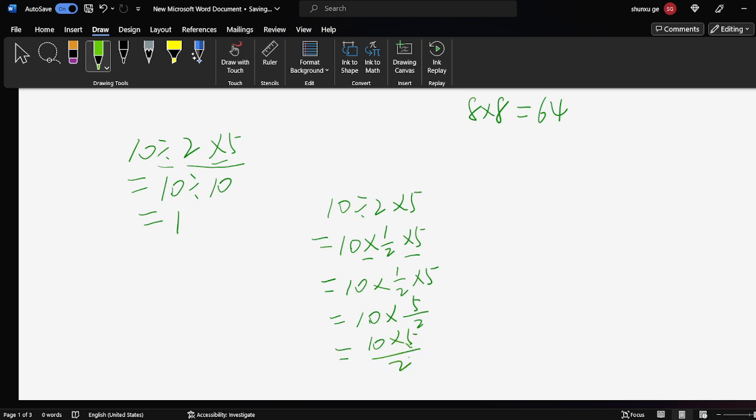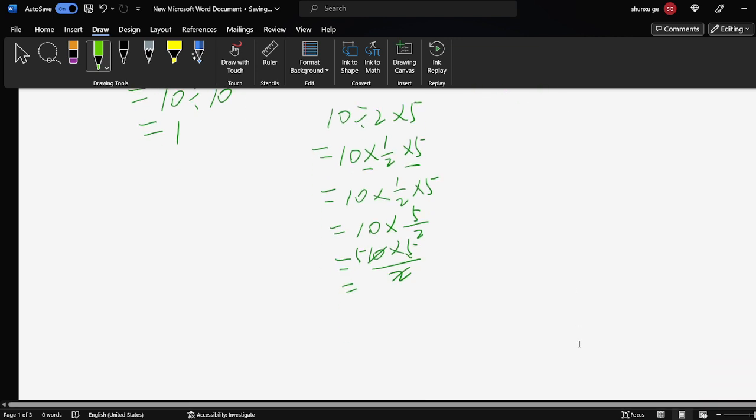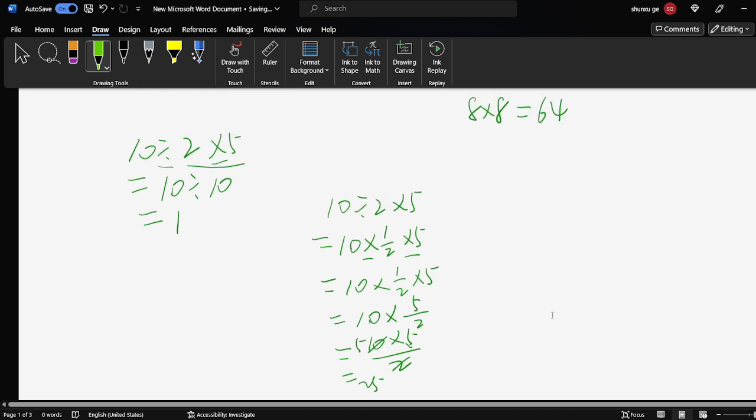The denominator and the 10 we divide by 2. 10 divided by 2 is 5. Again, 5 times 5 is 25. So no problem. Why? Because here the multiplication is the same.